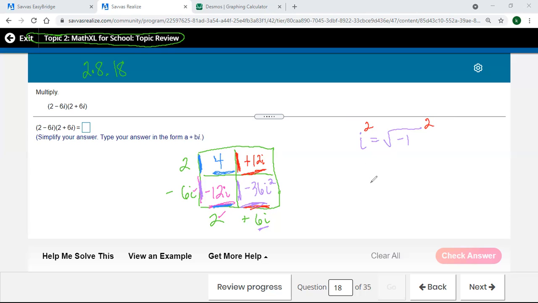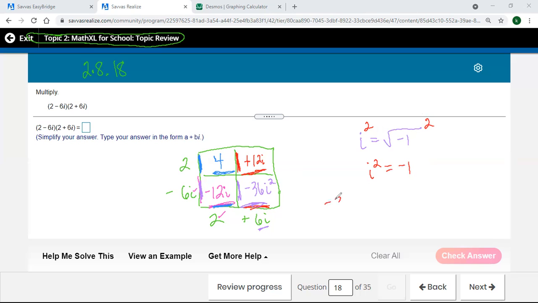So if you like your little micro technology cell phone in your pocket or wherever, this is one of the things that allowed it to exist. So i squared, because a square here will just undo this square root when you square it. So i squared is just your negative 1. That's what allows the calculations, is that basic idea.